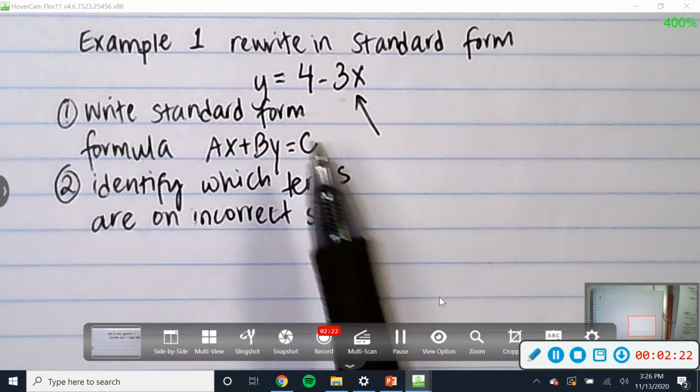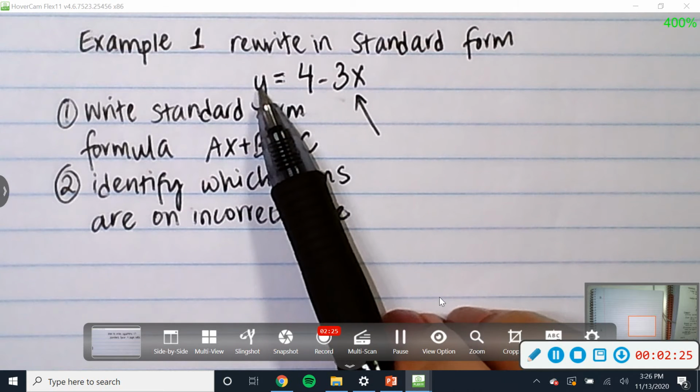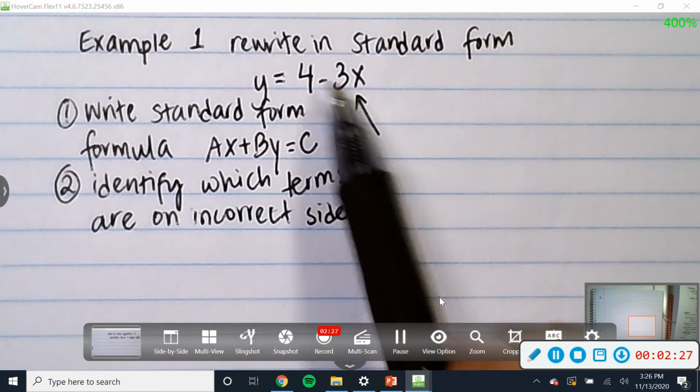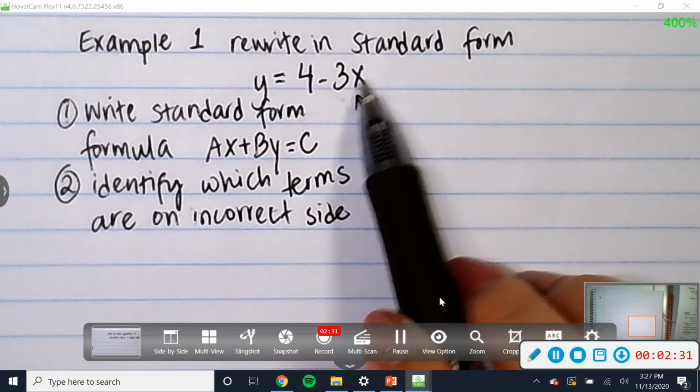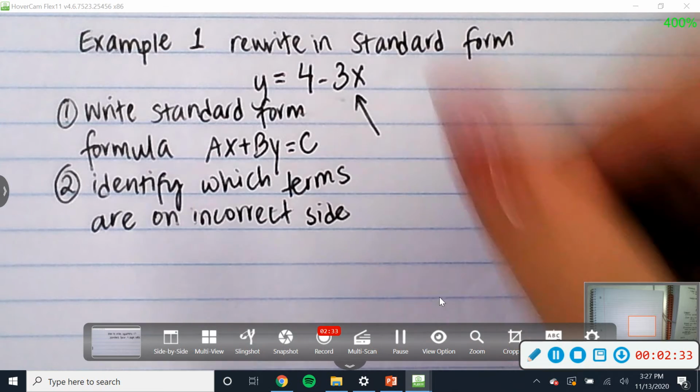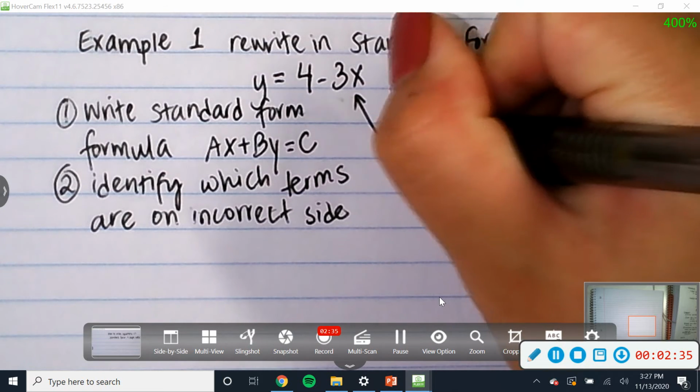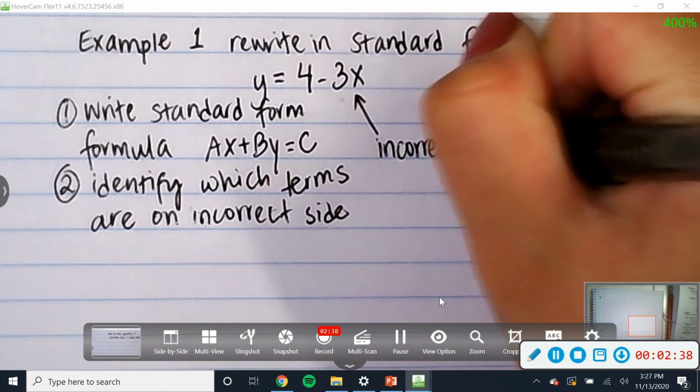I'm supposed to have my x and y both on the left side, but this minus 3x is on the right side. So this needs to move. I'm just going to write here that this is the incorrect side.